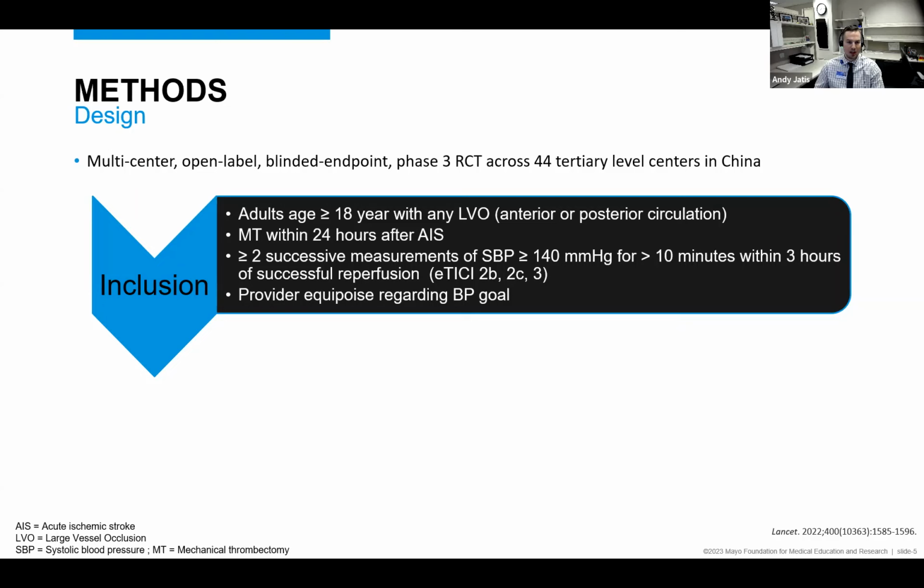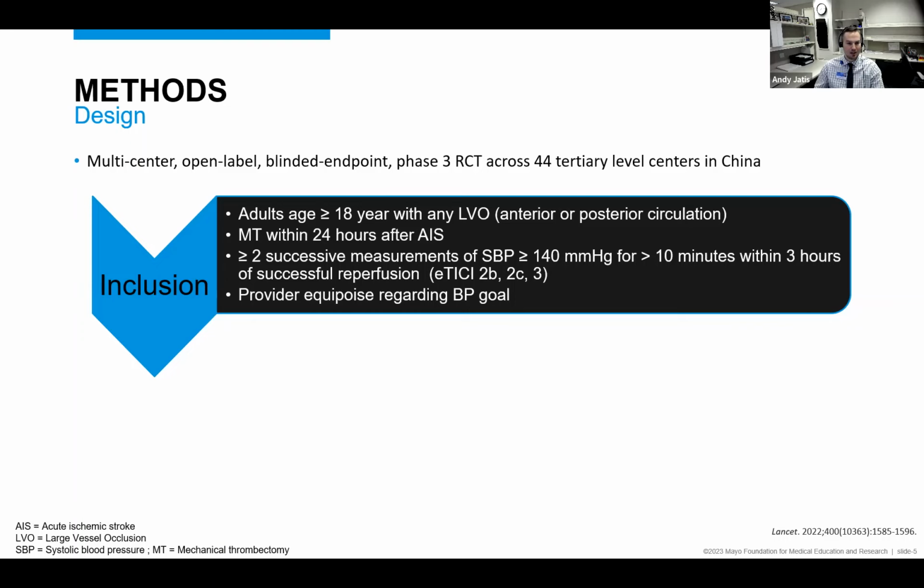Patients had to receive mechanical thrombectomy within 24 hours of their acute event, and then also had to have persistent elevations in their systolic blood pressure, defined as 2 measures above 140 millimeters of mercury. That rise in blood pressure lasted more than 10 minutes. That had to be within 3 hours of successful reperfusion, defined as a thrombolysis in cerebral ischemia score of 2B through 3.